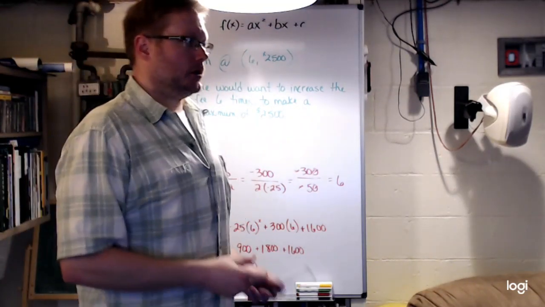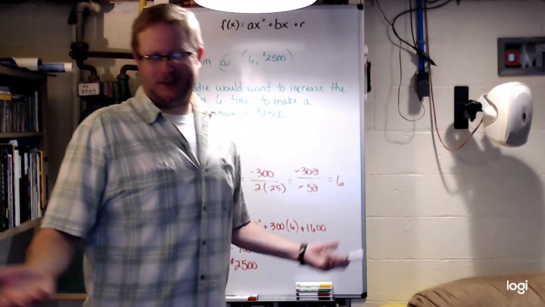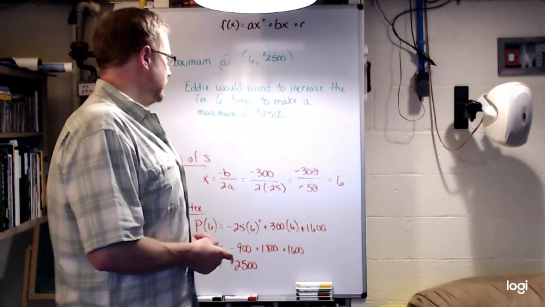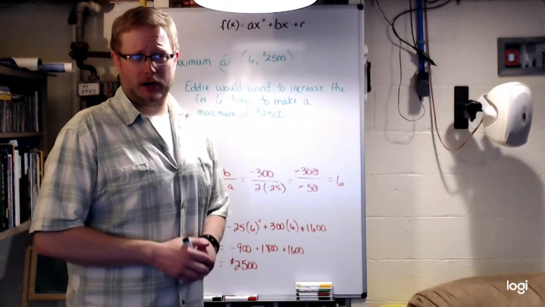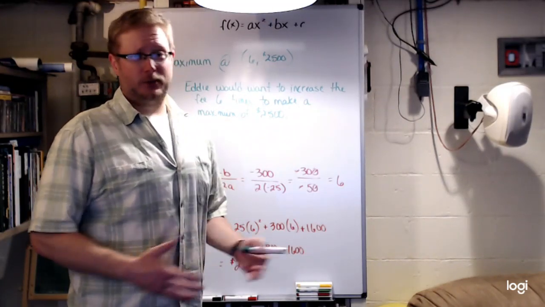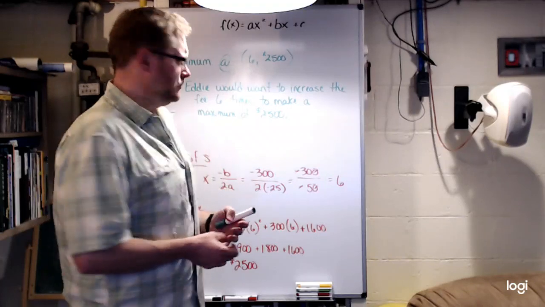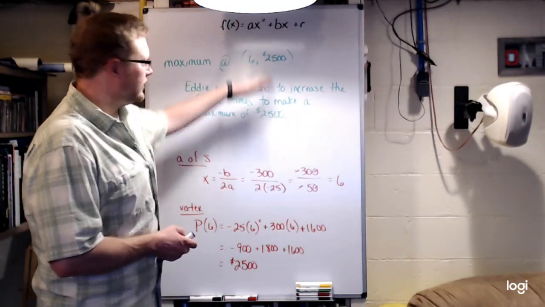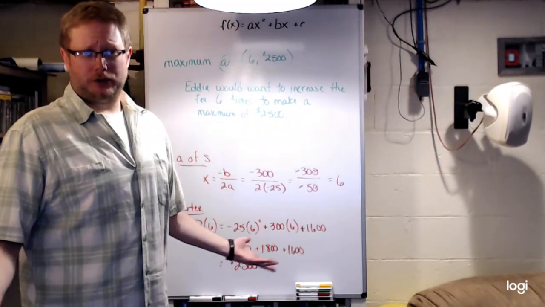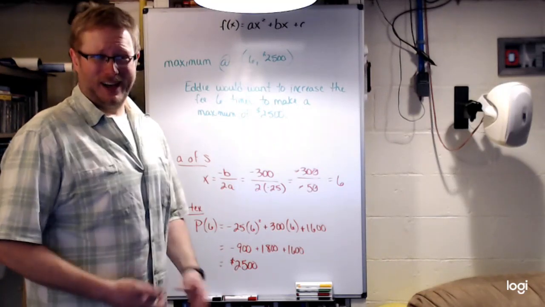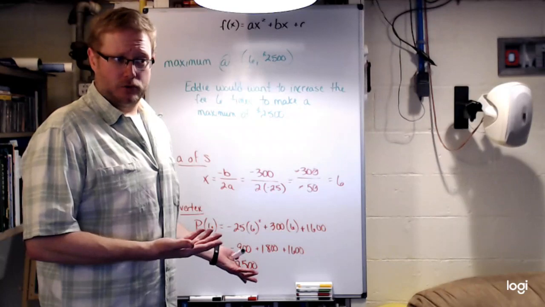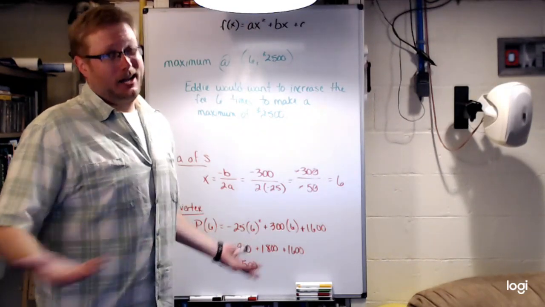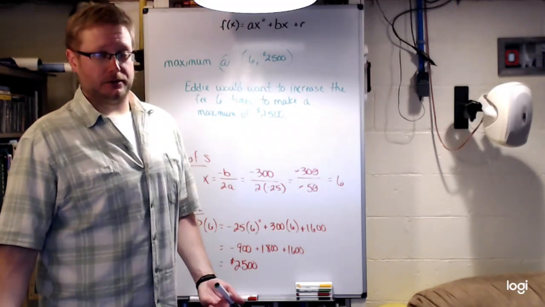So if you were working for a nonprofit, let's say Eddie's your boss or your director, he comes to you and says, look, we need to make as much money for our nonprofit as we possibly can because we've got some people to reach out to. You would crank this out and say, hey, boss, we should increase it 6 times. So if we're talking $5 per increase 6 times, instead of charging $20 an entry fee, you actually probably should do $50 an entry fee, right?